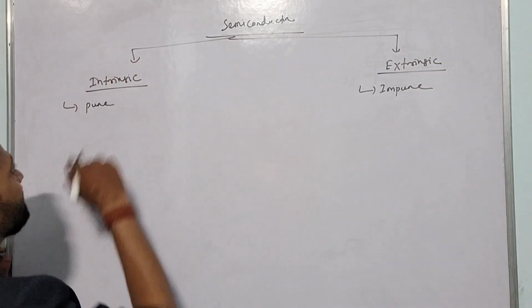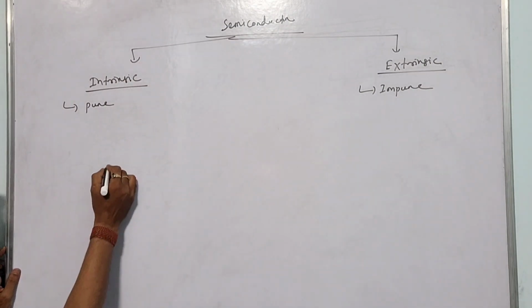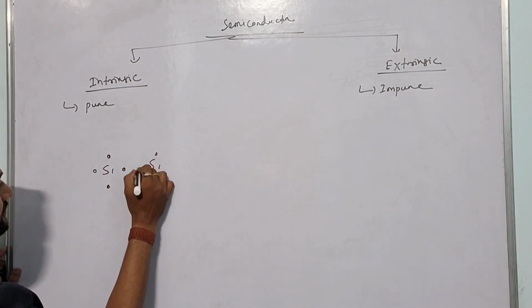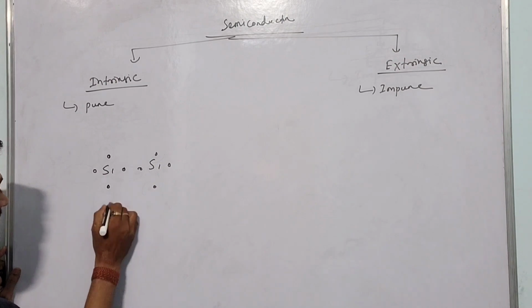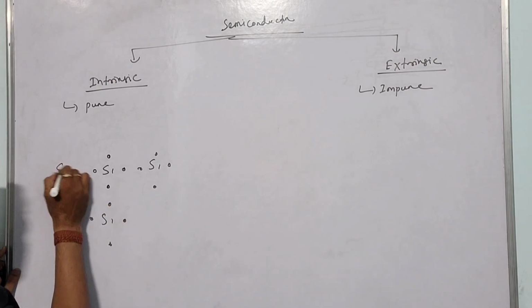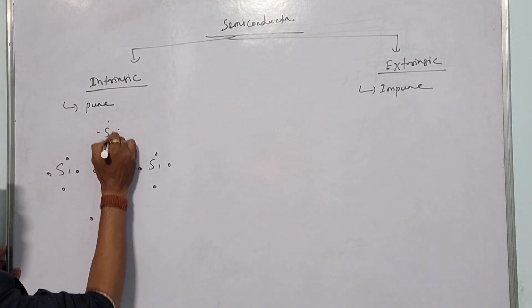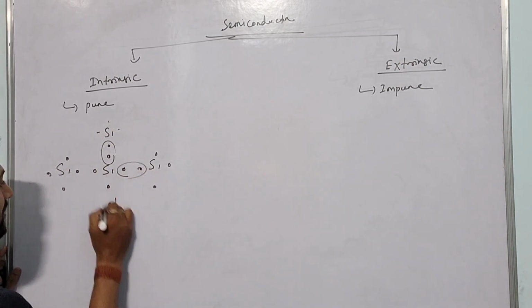So let us talk about intrinsic semiconductor. Let us take the example of silicon crystal. So these are the covalent bonds.